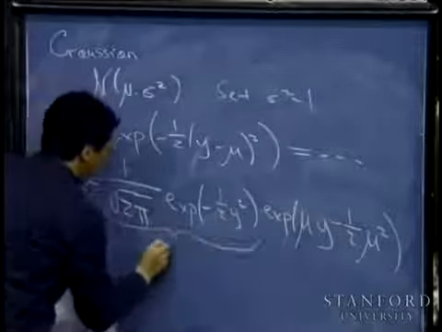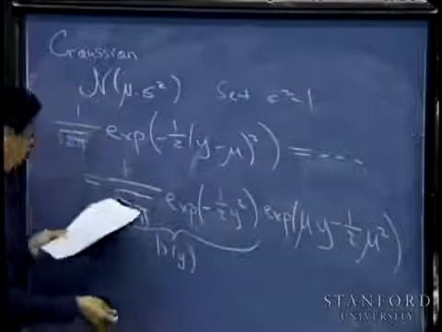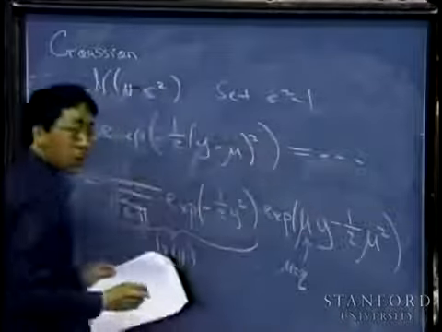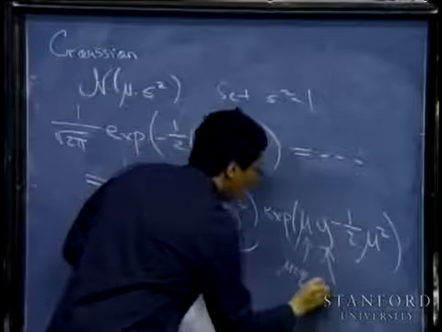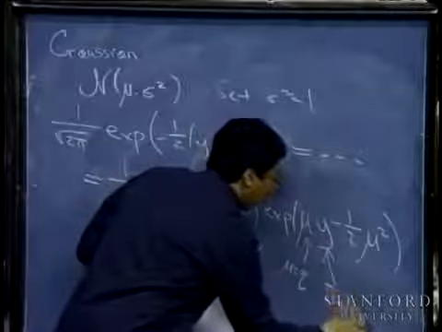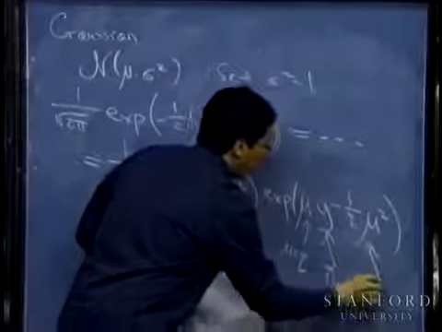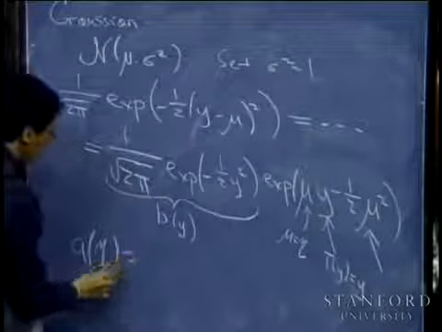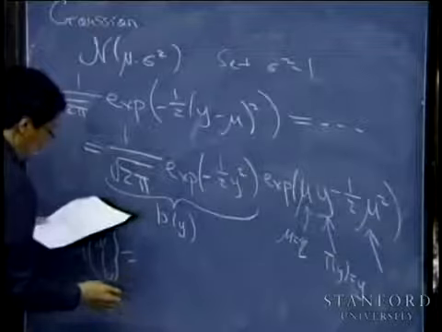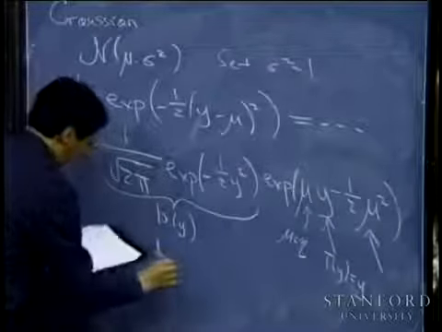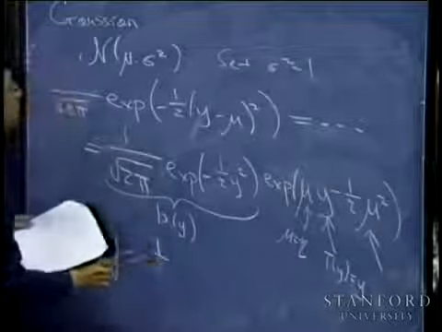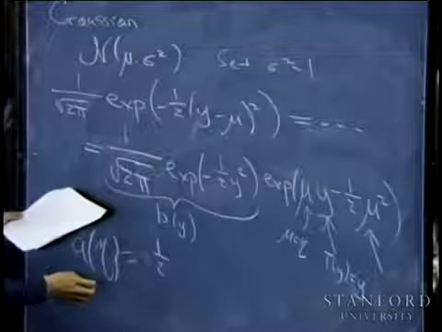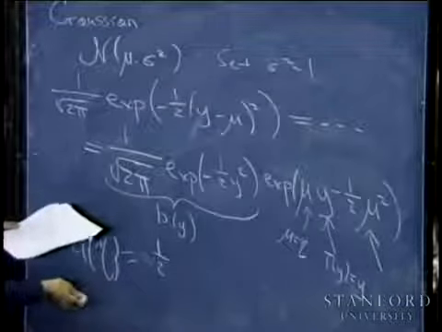And so that's b(y). We have mu equal to eta. T(y) equals y, and a(eta) is equal to minus 1/2. Actually, I think it should actually be plus 1/2. Did I get that right? No, sorry.